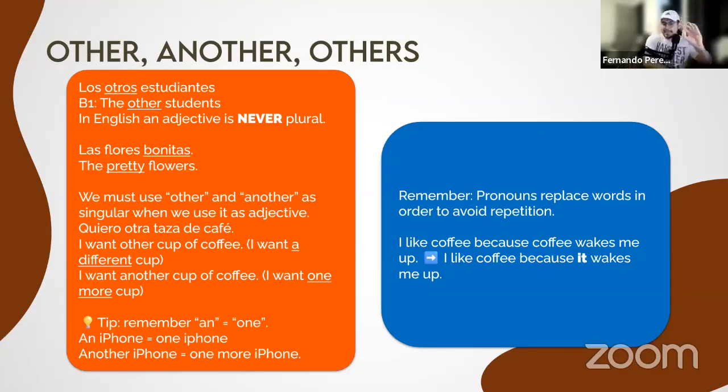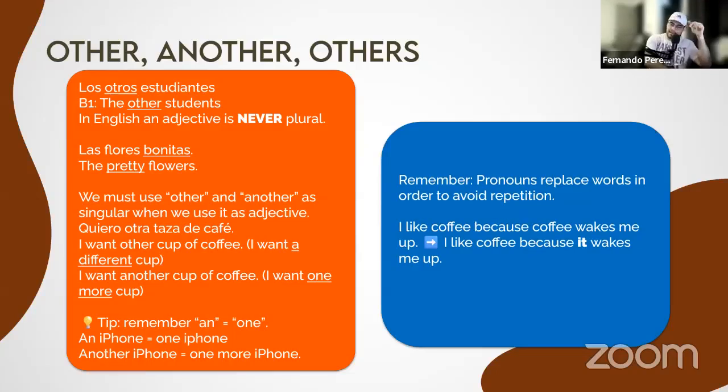In the same logic, we have words like other, another, and others. The first two are color orange, but the three can be color blue.